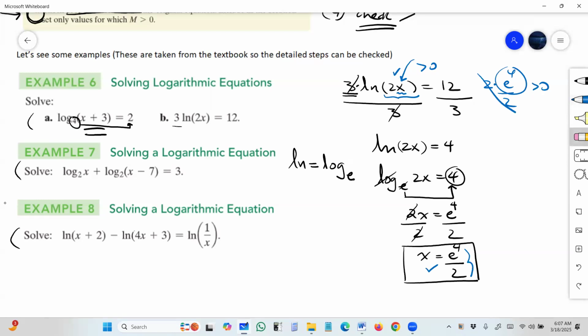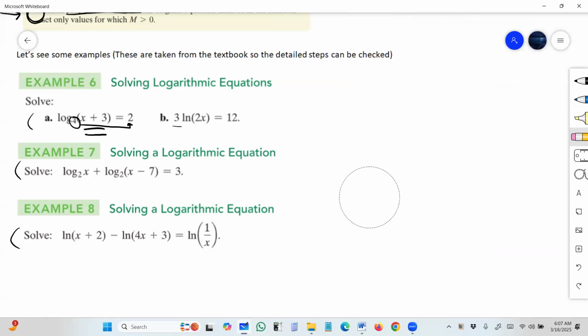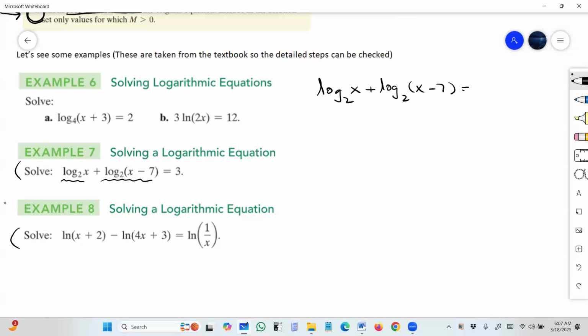All right, let's do the next one. Same techniques, but now notice that, for example, I have 2 expressions dealing with logs. So that could be a problem because I cannot begin the procedure this way, right? Yes, it's true that the log expressions are isolated on the left side, but they have to be condensed.